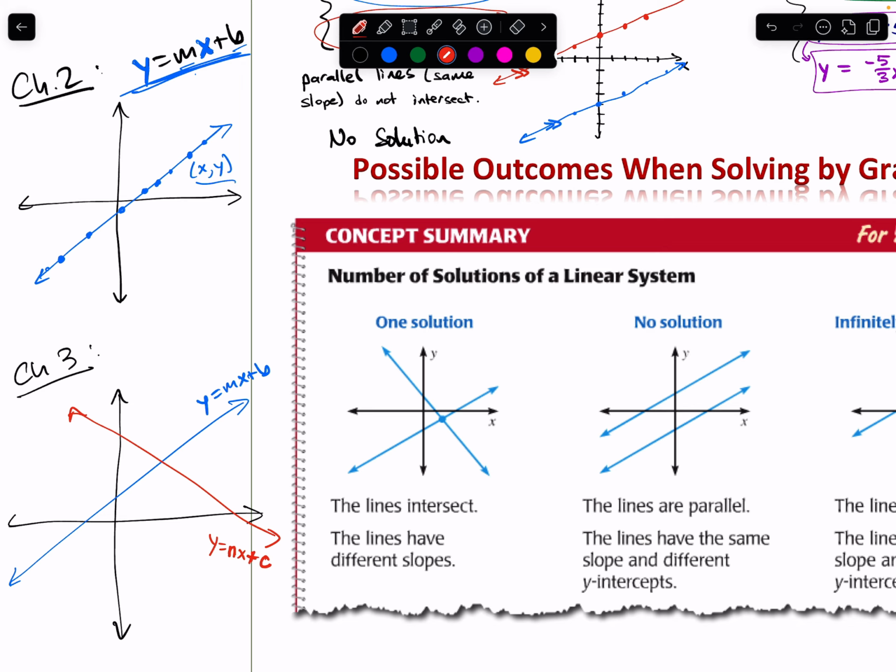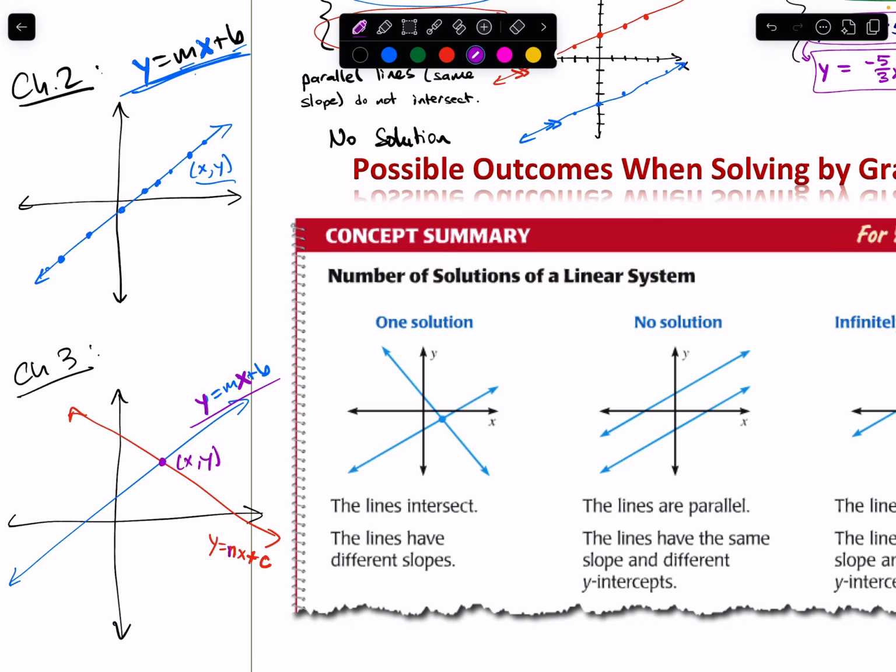But in chapter 3.1, we found where those 2 lines cross. And the reason that purple dot is considered a solution to the system is because it's on the blue line and it's on the red line. So if we plug this xy coordinate into the blue equation, it's on the blue line, so we'll get a true statement.